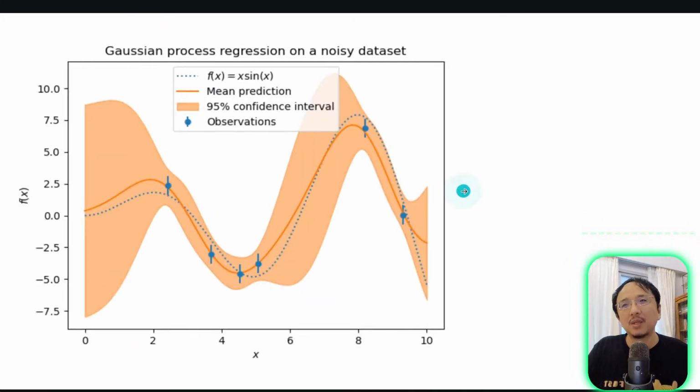Sometimes our observations have noise, sort of like the case for linear regression. In this case, the observation does not guarantee 100% certainty. So there's a variation, Gaussian regression on noisy data sets.